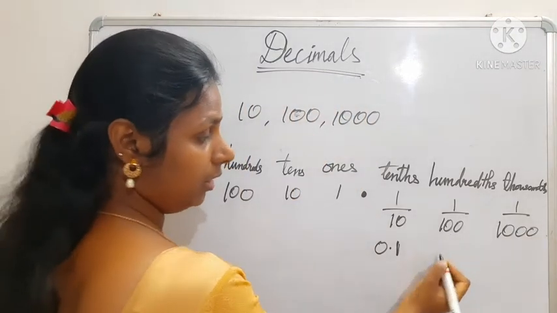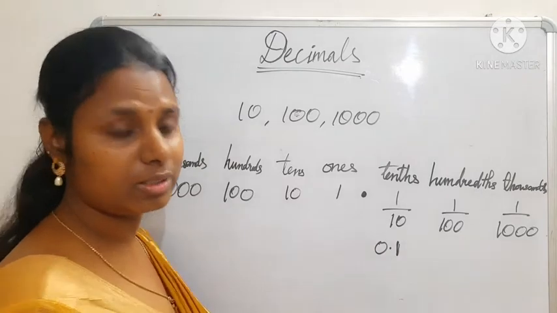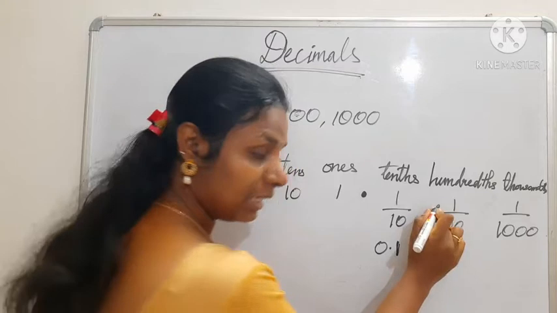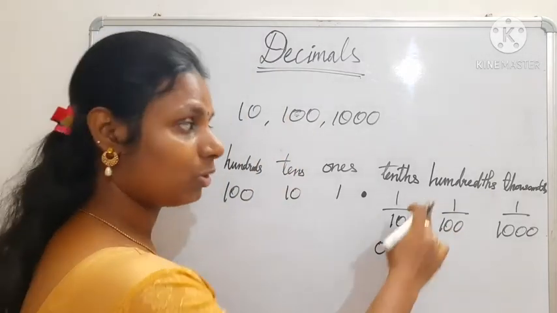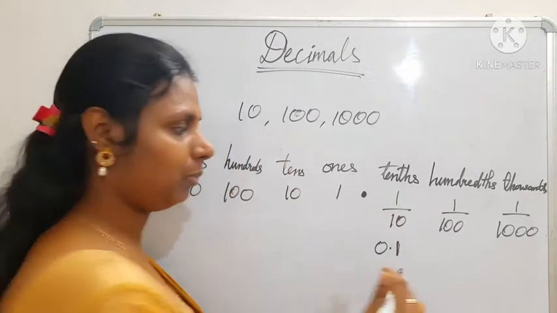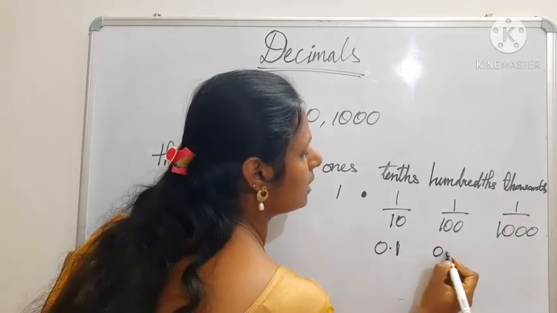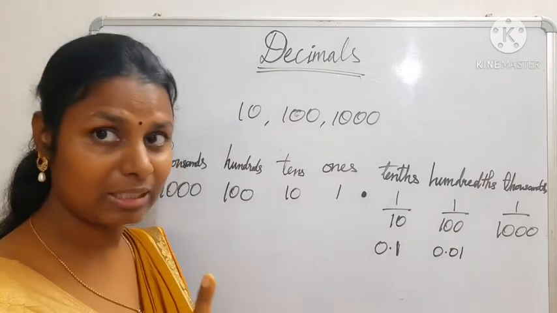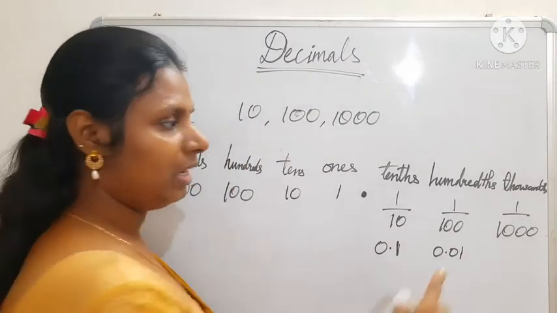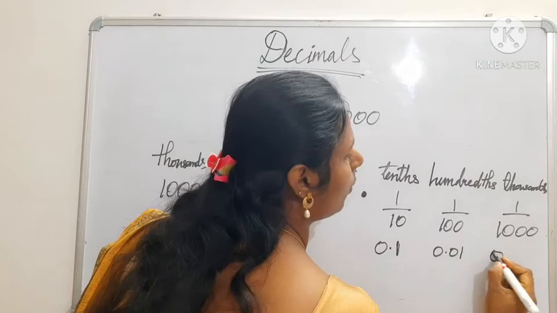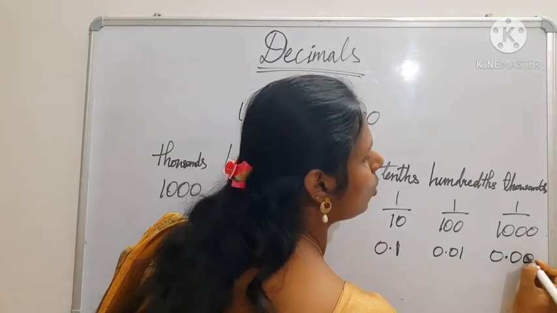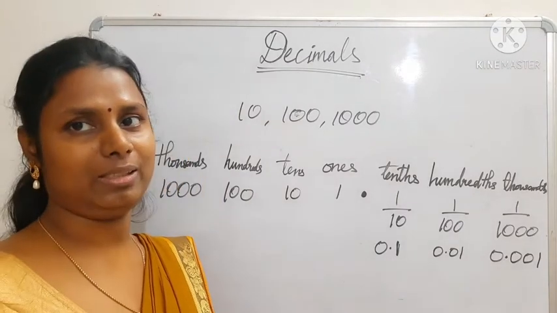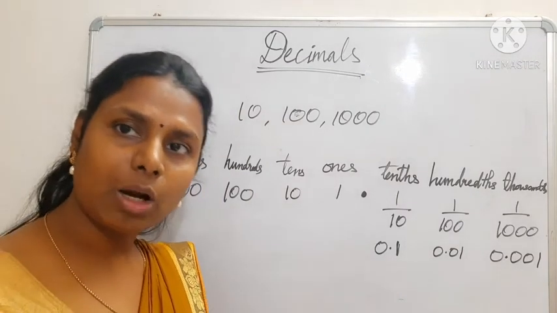Hundredths is in the second place after the decimal, so the number must also be in the second place. This one can be written as 0.01, because that one must be in the hundredths place. Here 0.001, because the 1 must be in the thousandths place.